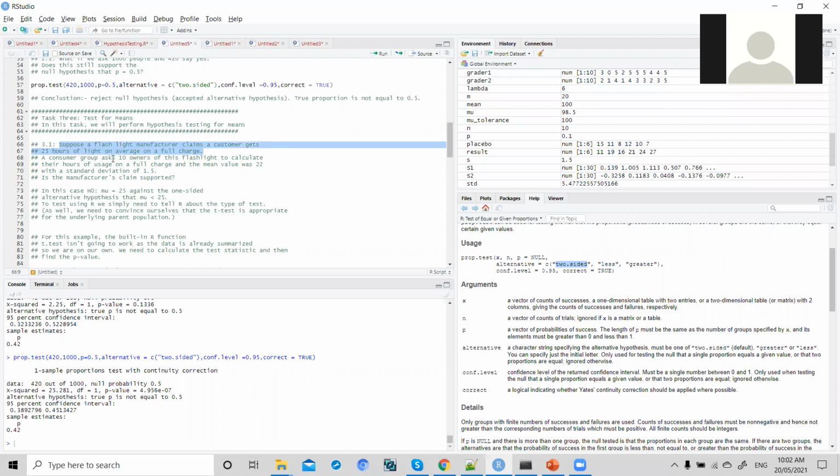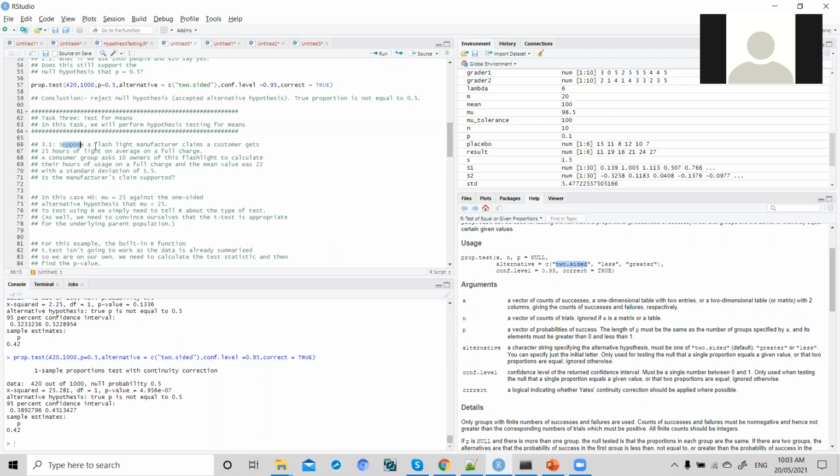A customer group asks 10 owners of the flashlight to calculate their hours of use on a full charge, and the mean value was this much and standard deviation was this much. This is our assumption, and the sample of 10 owners was checked.